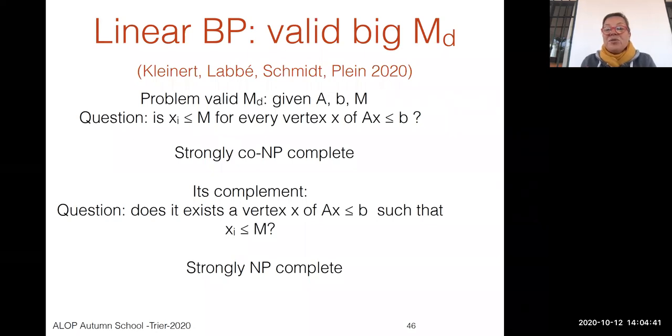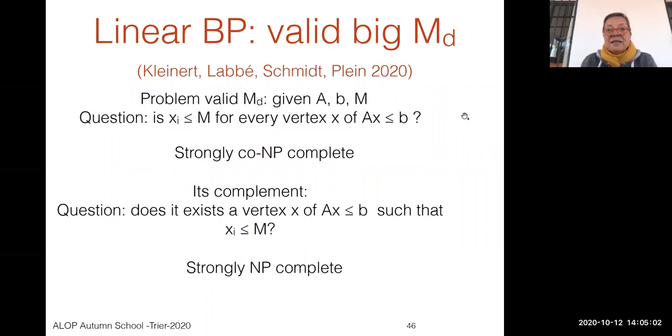It's easier to say no. If the answer is no, it means there is a vertex for which xi is bigger than M. And the proof of this is simply that you need to exhibit just that vertex. So it's a short proof, a concise answer.